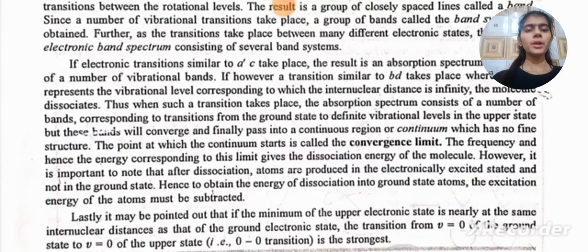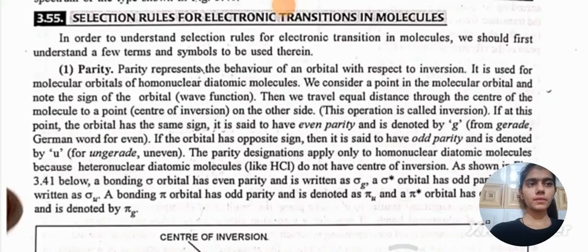Lastly, it may be pointed out that if the minimum of the upper electronic state is nearly at the same internuclear distance as that of the ground electronic state, the transition from v equals 0 of the ground state to v equals 0 of the upper state, that is the 0-0 transition, is the most probable.